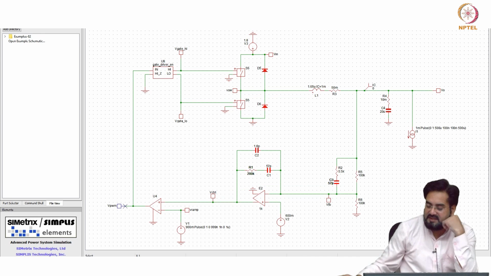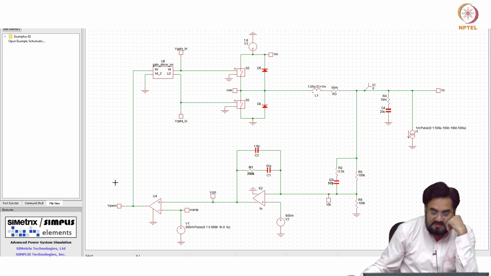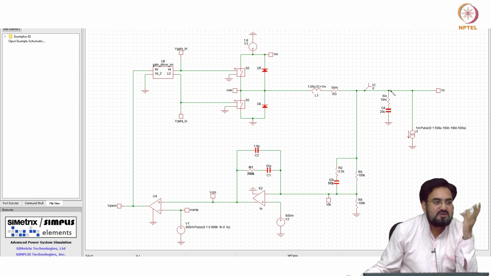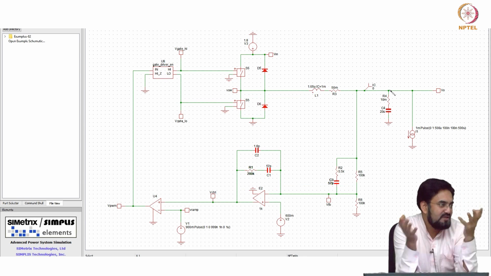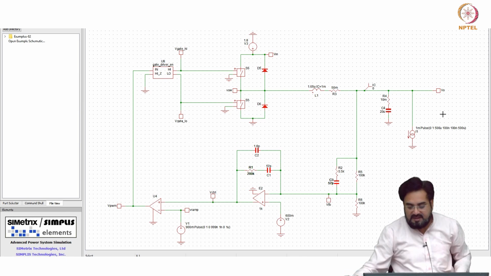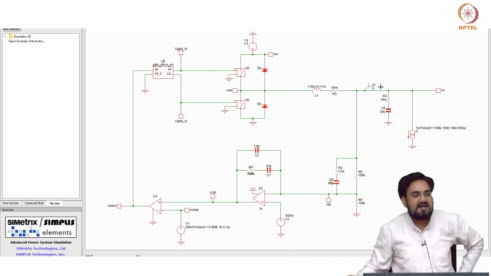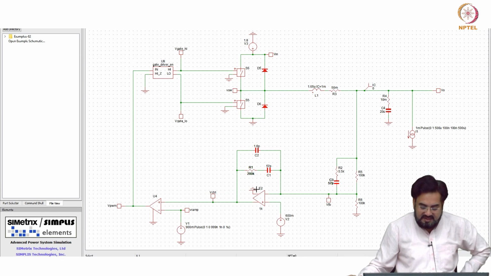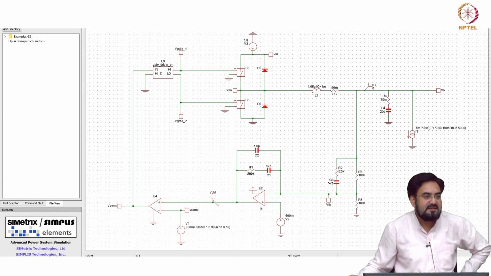Okay, so let us say the PWM is at 1 megahertz, and I have a ripple injected in this output at, let's say, 1.01 megahertz, which means 10 kilohertz higher. What would happen? 1.01 megahertz is still very high, so it will get amplified and pass here.